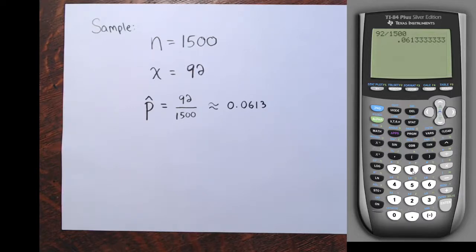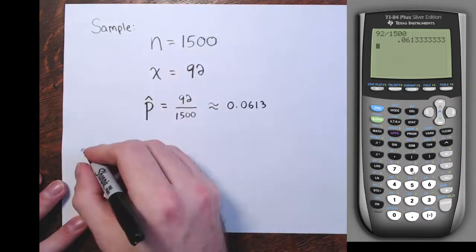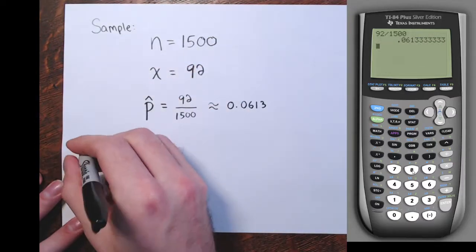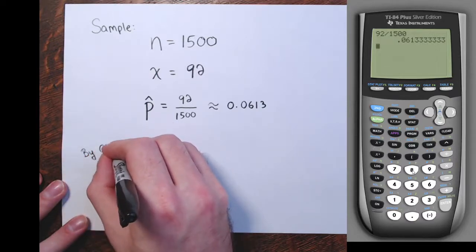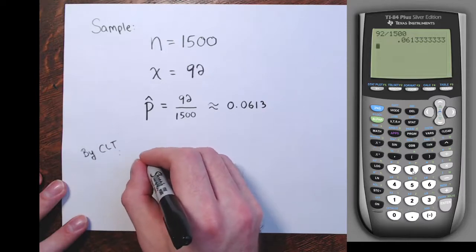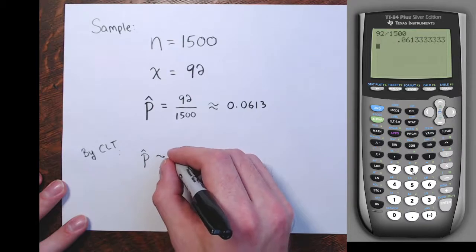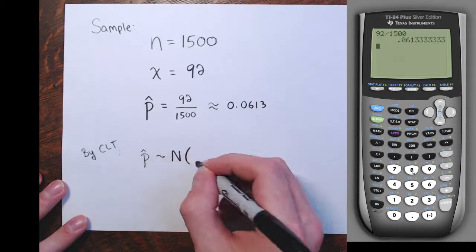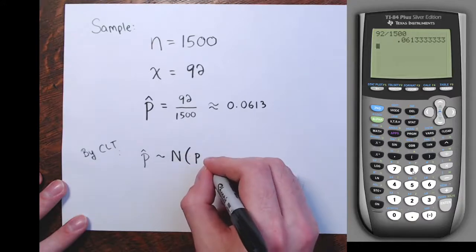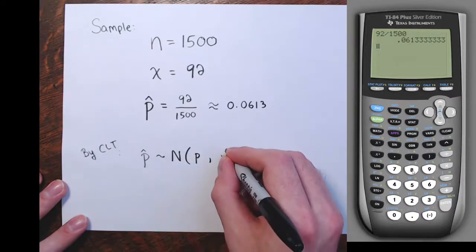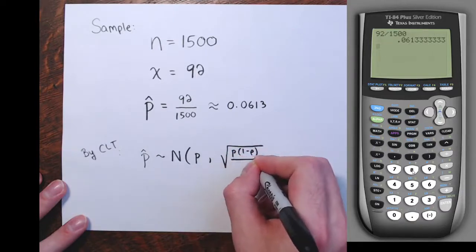Now, if you recall, the sample size is pretty large here. By the central limit theorem for proportions, the distribution of p hats would be approximately a normal distribution with a mean of p and a standard deviation of the square root of p times 1 minus p divided by n.